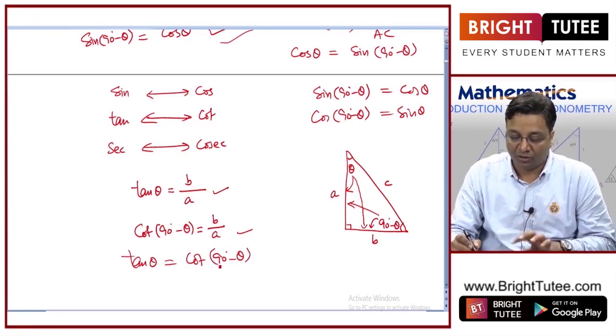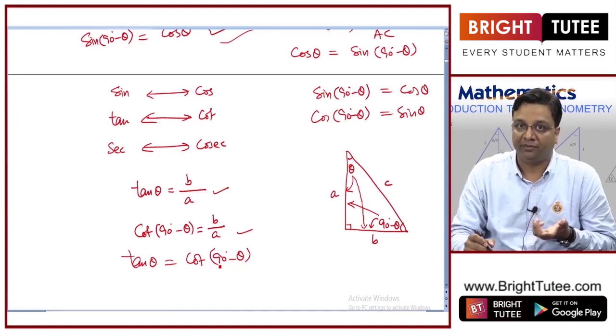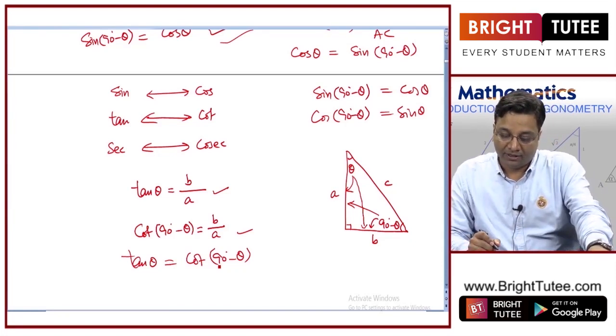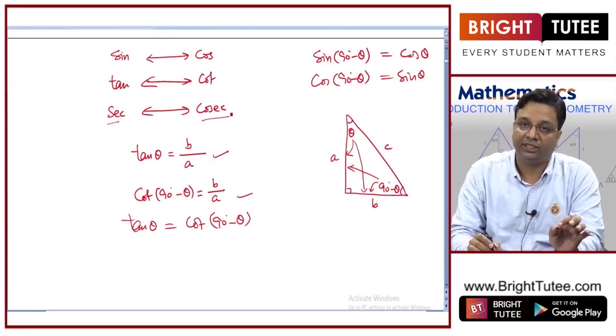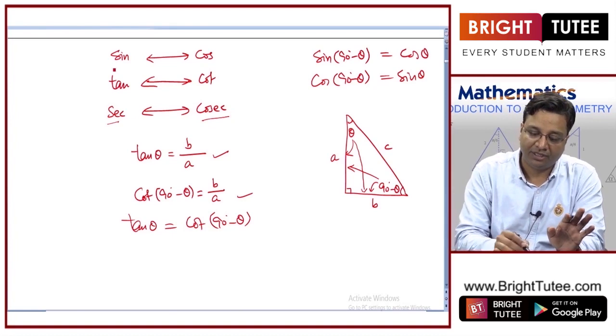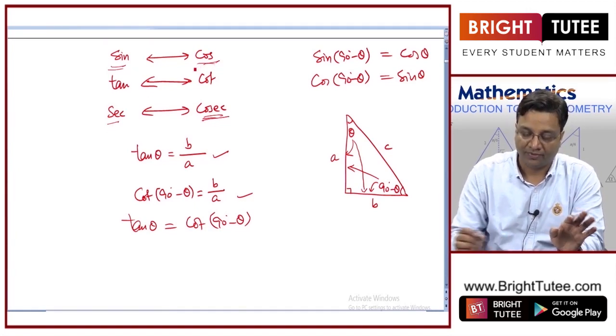Similarly, you can show that cot theta is equal to tan 90 minus theta, right? And similarly, we can show for secant and cosecant also, because we have shown for sine and cosine, these are just the reciprocals. Cosecant is the reciprocal of sine and secant is the reciprocal of cos, right?